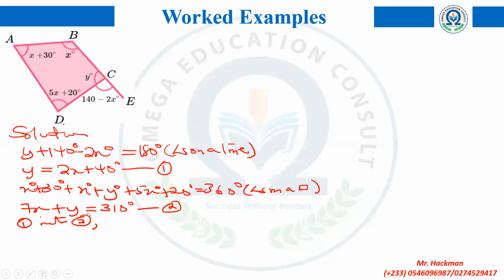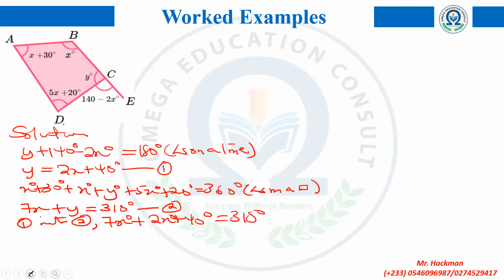So when I'm carrying out my substitution, this is what I'm going to do. I will continue here. So I will write my 7x. Quickly, I hope you are following my points. So 7x plus my y, which I said is equation 1, is 2x plus 40 degrees, is equal to 310 degrees.